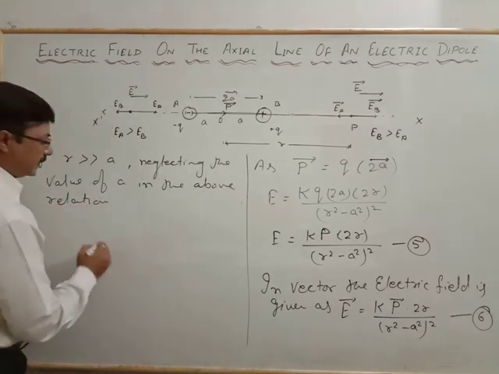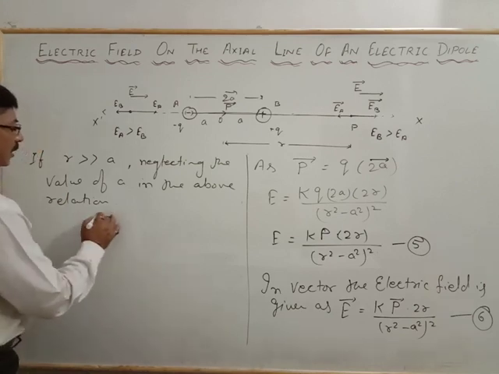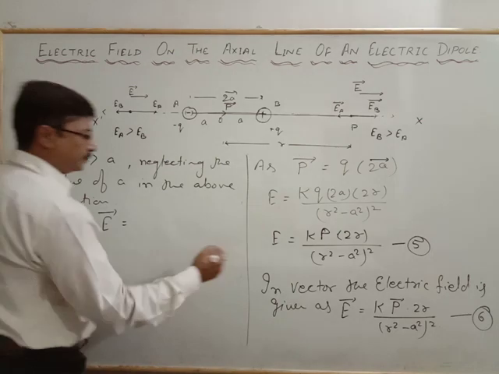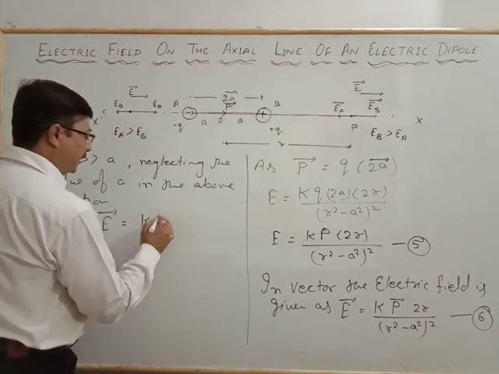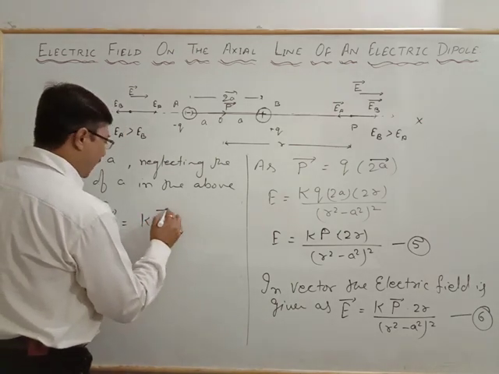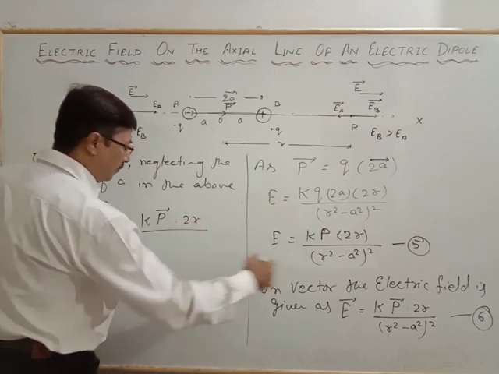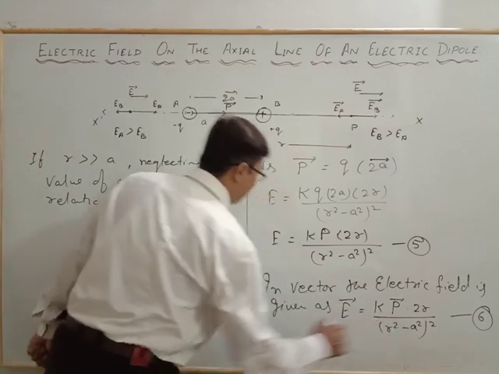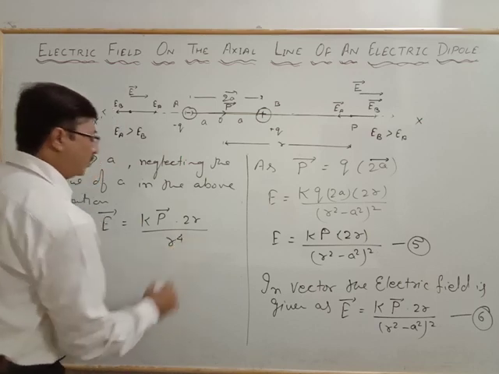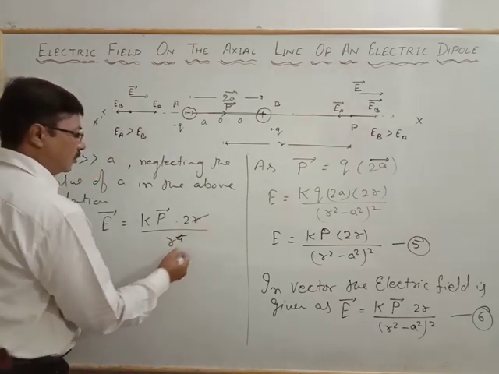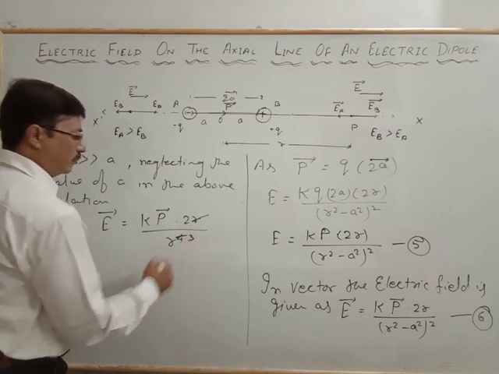So in that case, the electric field in vector form is Kp vector into 2r by, if we neglect a, r to the power 4. Now one r is cancelled, so it becomes r cube.